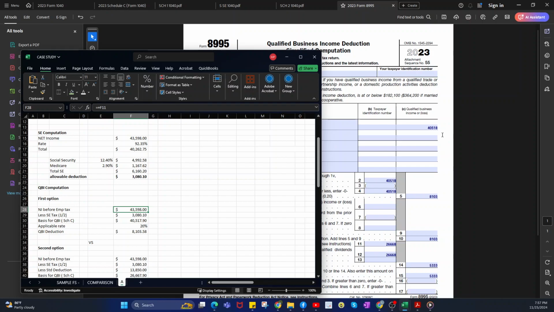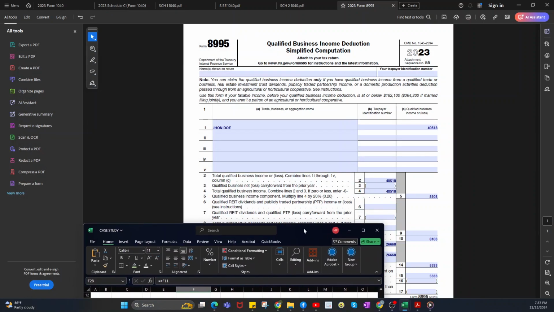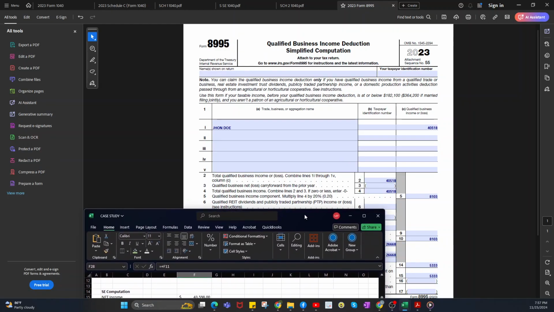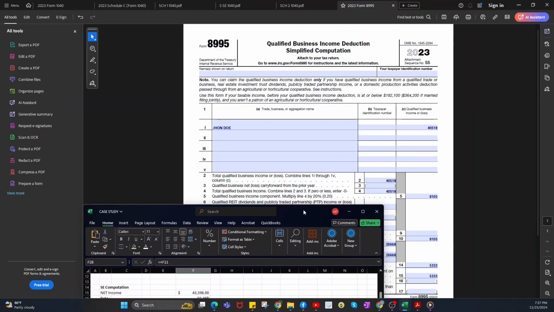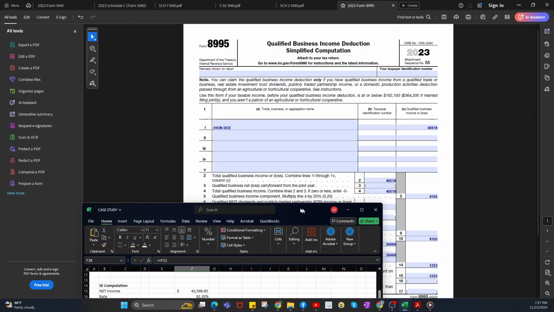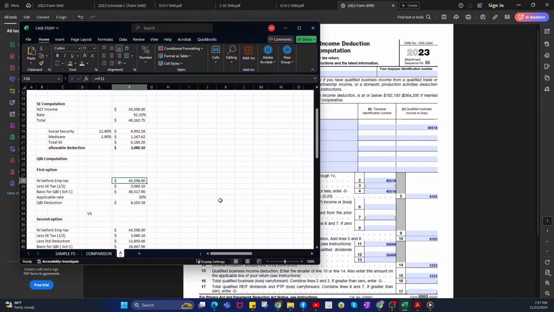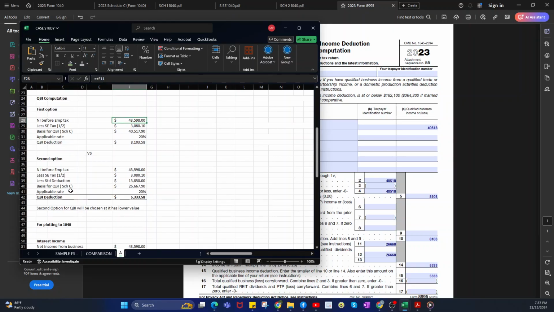So that's why we put it here. And then we get 20% of that one. So that's the first option, or the basis for computation of QBI. That has to be compared with the second option, wherein we get the taxable income.